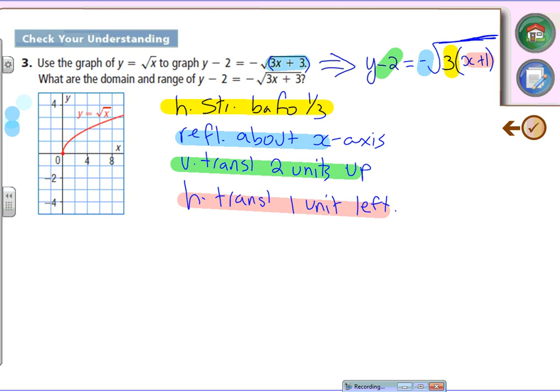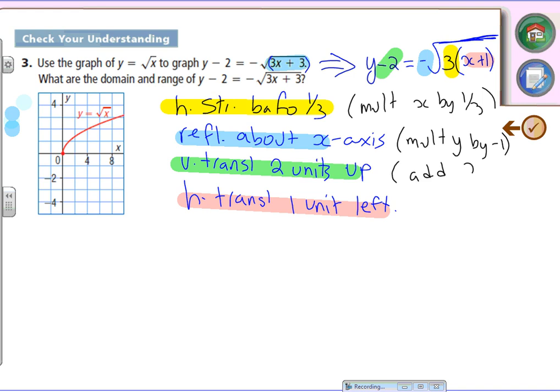Take it into English for yourself. The first one says multiply x by 1/3. The second one says multiply y by -1. The third one says add 2 to the y. And the fourth one says subtract 1 from x.